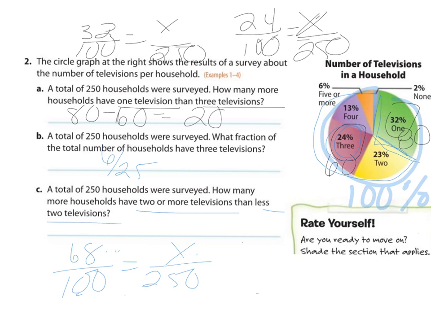So 68 times 250 gives us 17,000. We divide that by 100. So we have 170 households with 2 or more. And we'd already calculated we have 80 who only have 1. So we're going to do 170 minus 80, and that equals 90. So we have 90 more households that have 2 or more televisions.